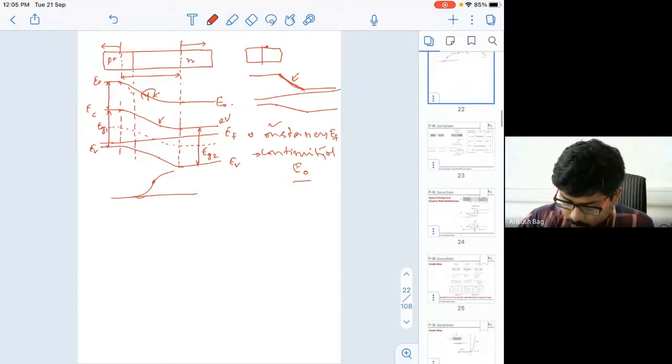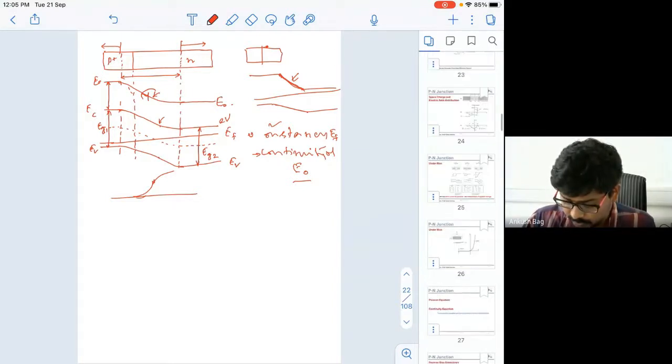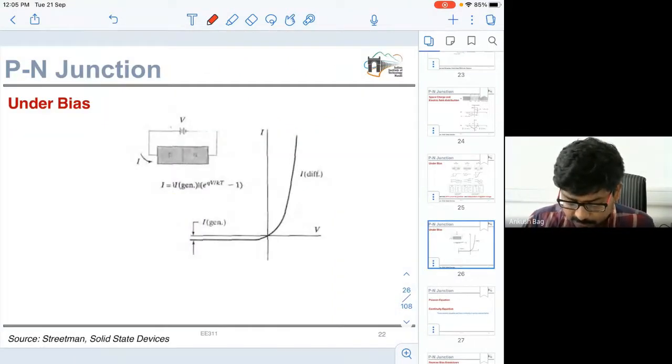So today we'll start a similar qualitative as well as quantitative analysis of the PN junction, but under bias condition. For that, this is the typical current-voltage characteristic of a PN junction under bias. It will allow current to flow when it is forward biased, and it will block the current when operated under reverse bias.